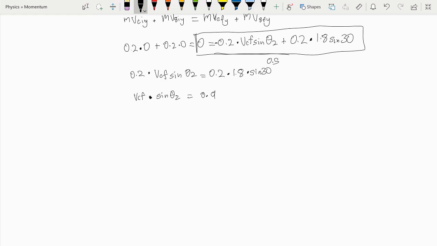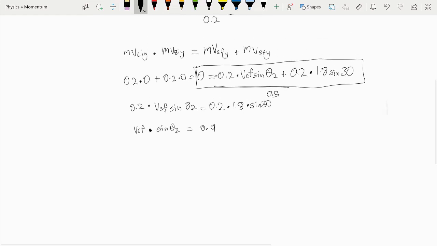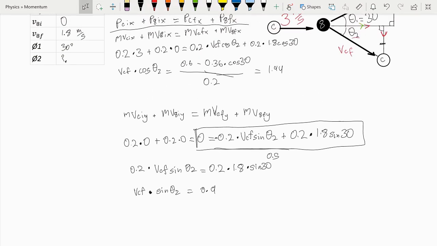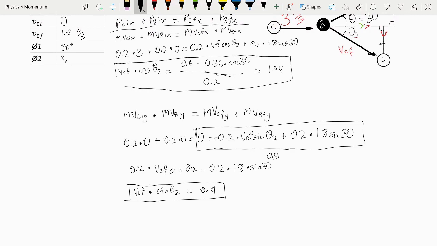So at this point, you might have realized that we have two equations, this equation and this equation. But each of these equations have two unknowns. So you probably have realized we can't solve it using a normal systems of equations.